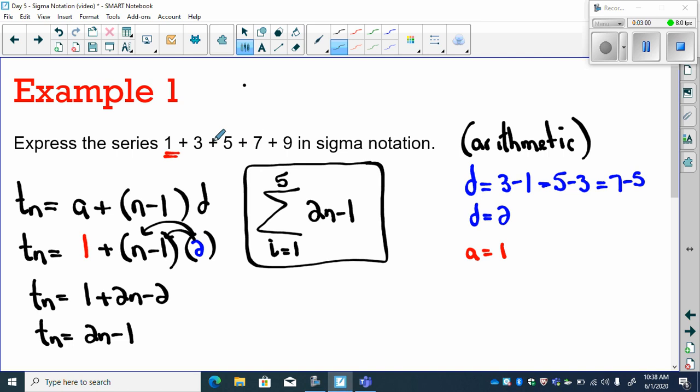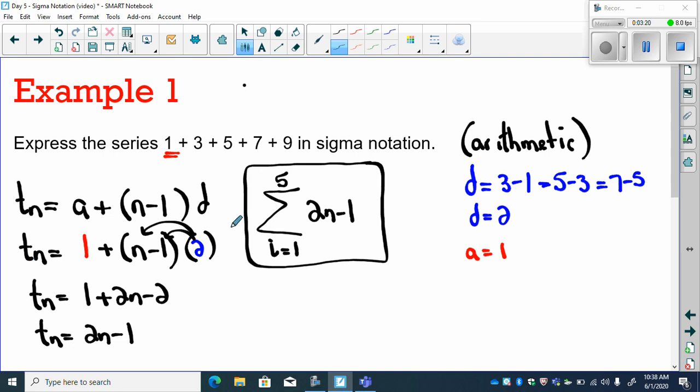Here's another example. This one is an arithmetic sequence, or an arithmetic series, with an a value of 1 and a d value of 2, a common difference of 2. Remember, to find the common difference, we subtract term 2 minus term 1, term 3 minus term 2, term 4 minus term 3, and so on. If I do that, I get 2.